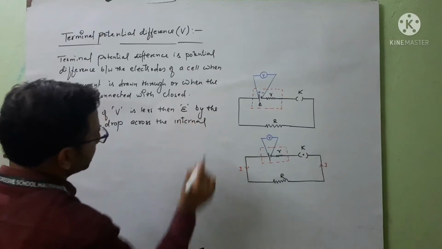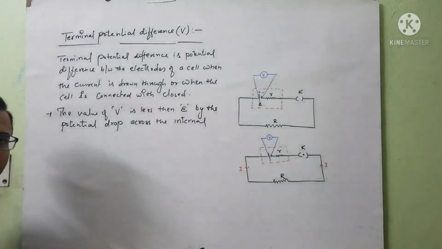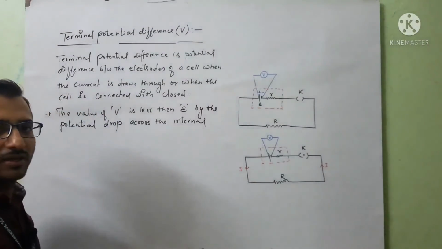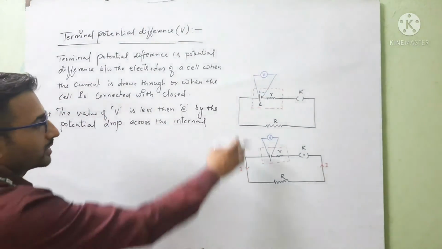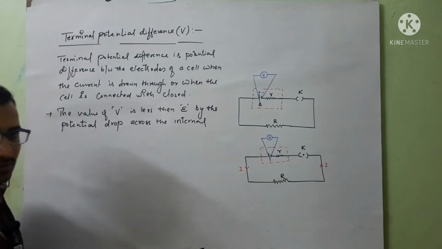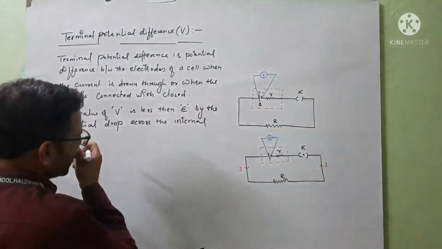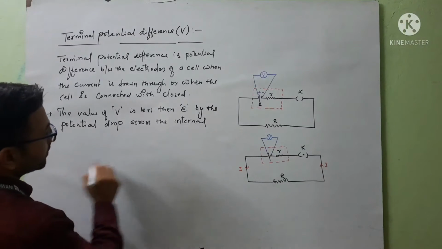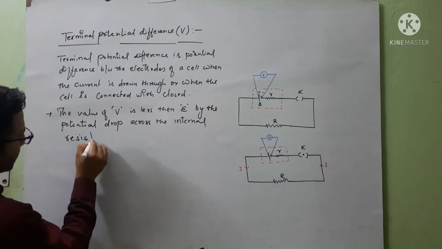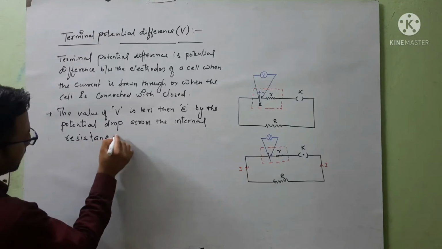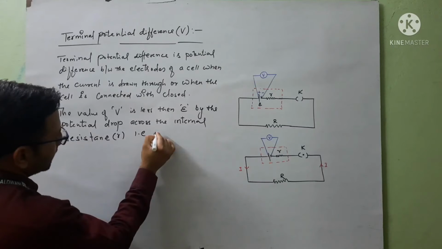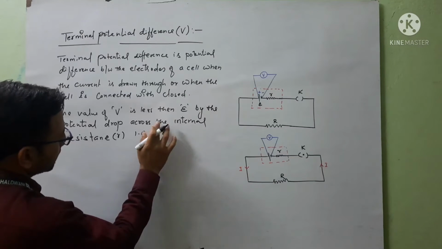As I told you, by measuring the potential difference with the help of a voltmeter, we will observe the value of V less than E with respect to the first condition. We are talking right now about the second condition. So this difference is equal to the potential drop across the internal resistance small r. It means, in short, IR.